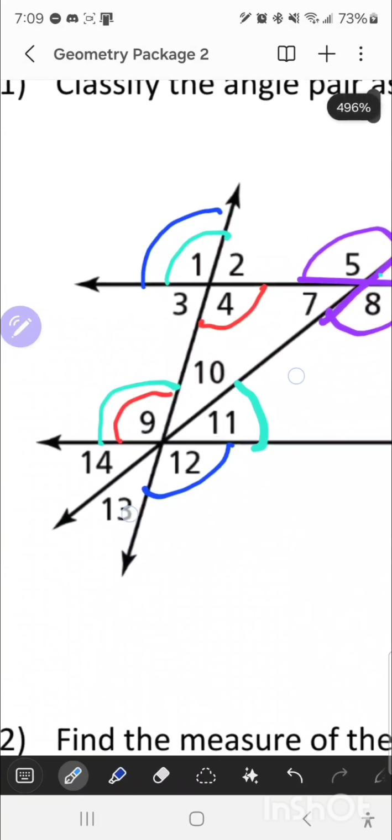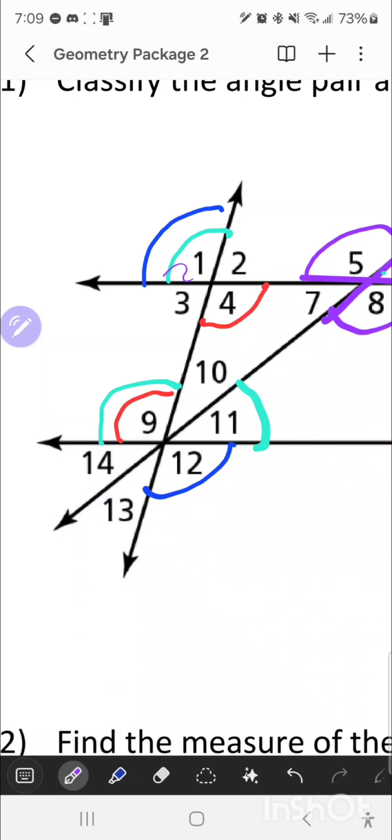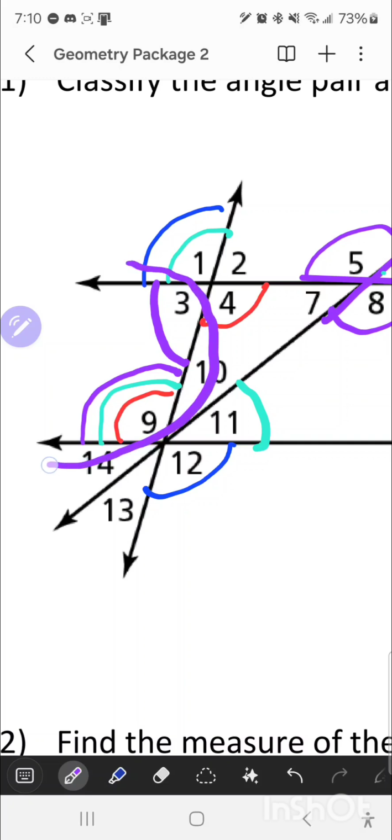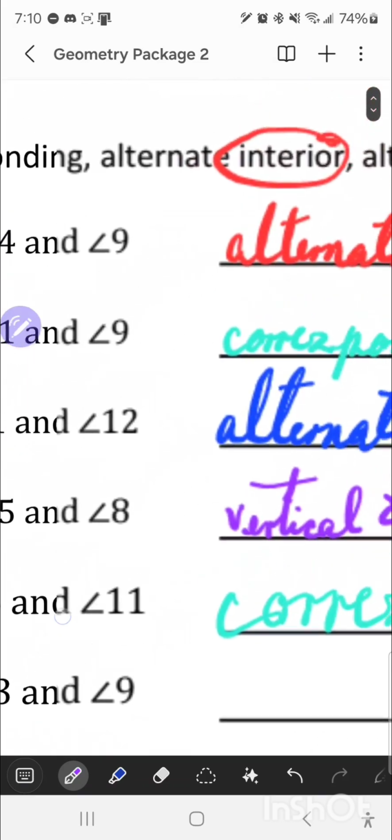So next is 3 and 9, and I have 3 here. Okay, 9 was used for everything. Either way. Okay, this is 3, this is 9. What we can see here, I can draw a Z. They are inside of a Z. So a Z is with consecutive angles.